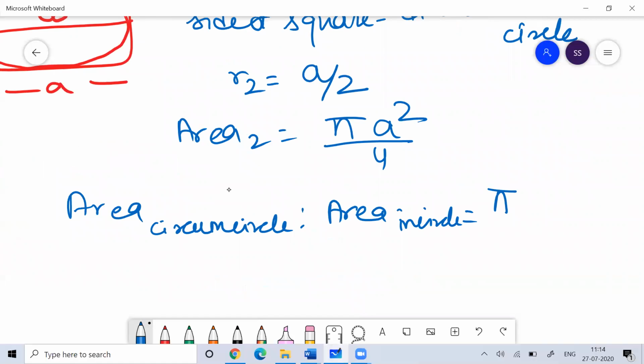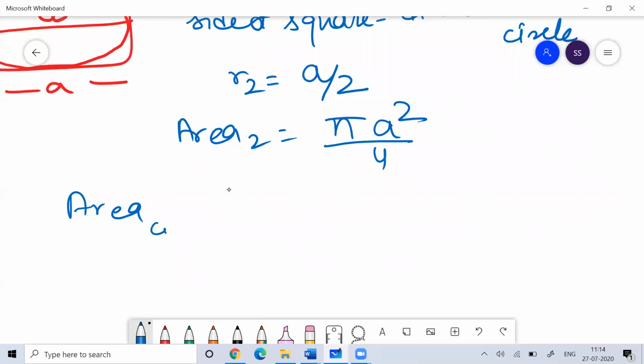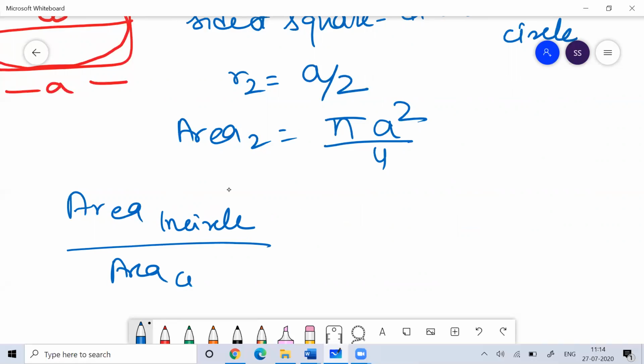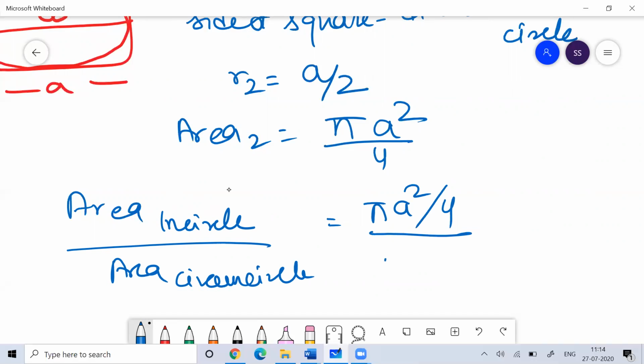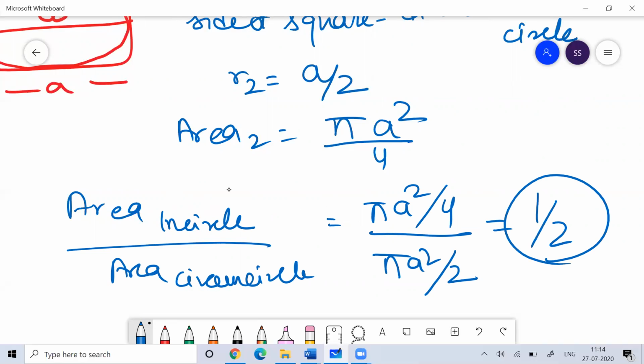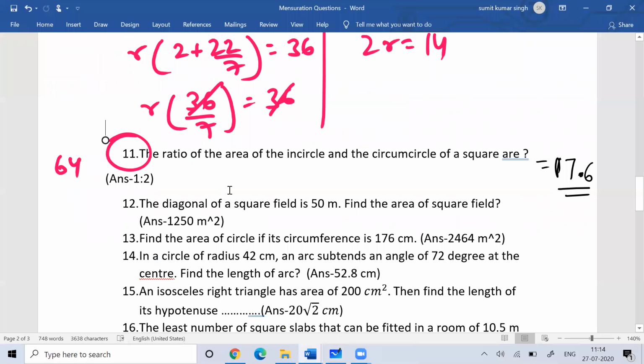The incircle is pi a squared by 4, the circumcircle is pi a squared by 2. So the answer is 1:2. Fine, so you understood this.